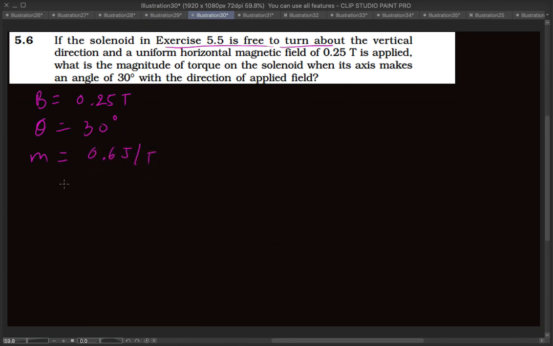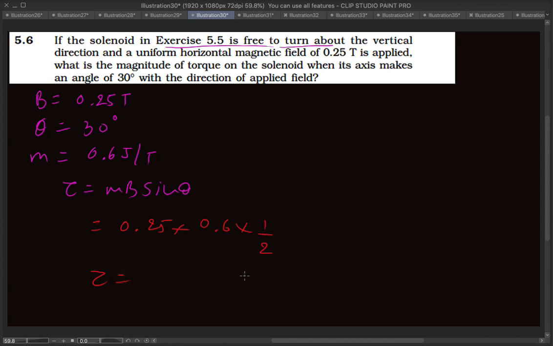We have to find the magnitude of the torque. So my formula is tau equals mB sin theta. You can do such an example orally, because your theta is 30, so sin theta would be 1 by 2, and this is 0.25, this is 0.6, and this would be 1 by 2.